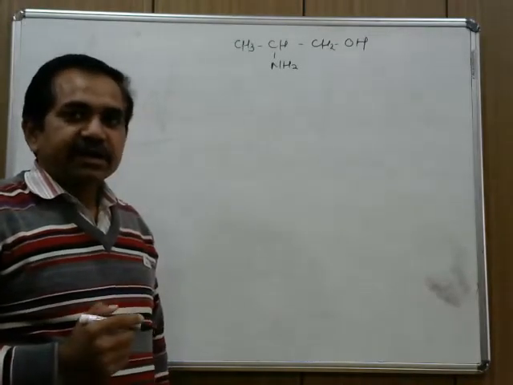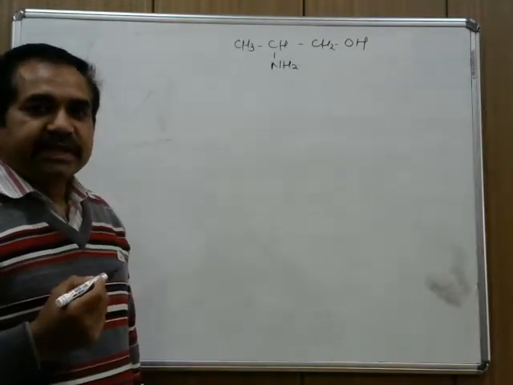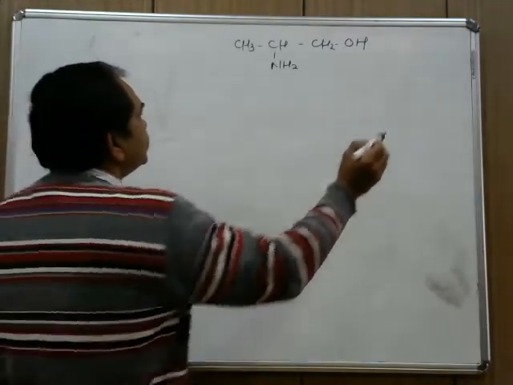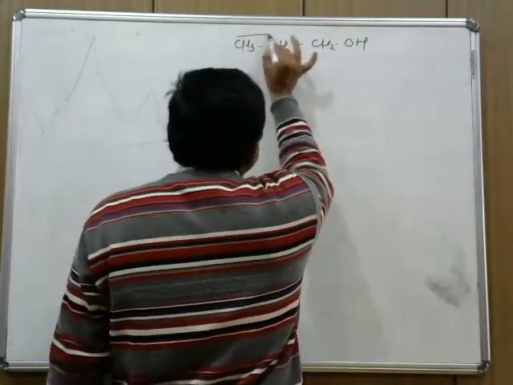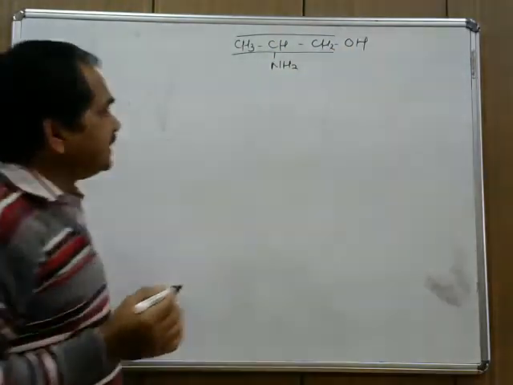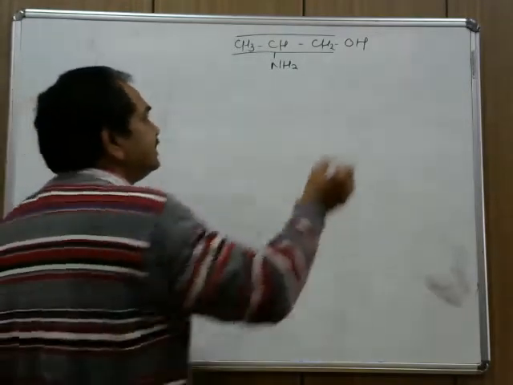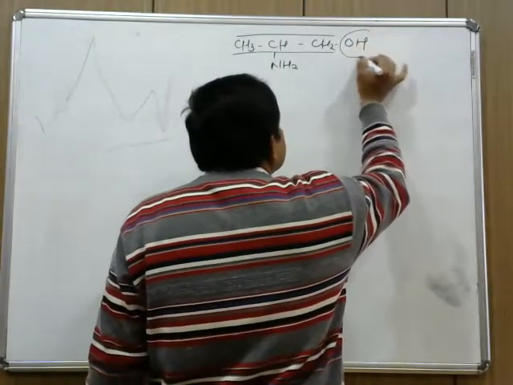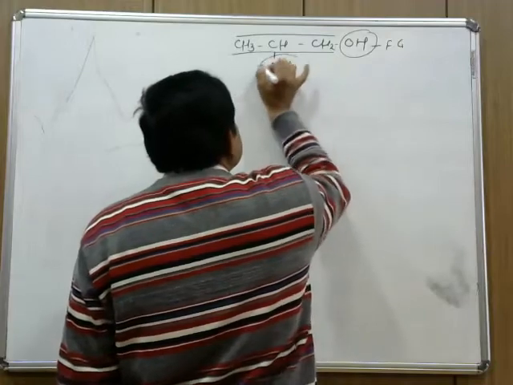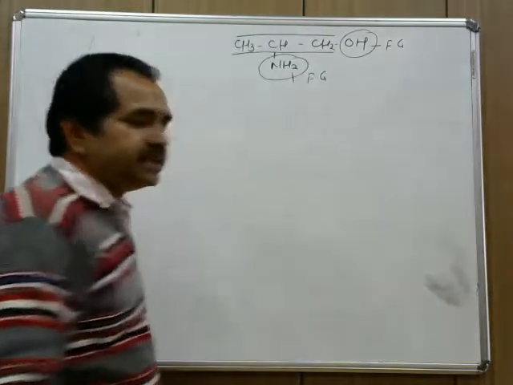A very simple organic compound, and as I told you, for the first step we select the longest chain, and as soon as I selected this longest chain, I realized that there is an OH group, that is a functional group, and there is an NH2 group which is also a functional group.